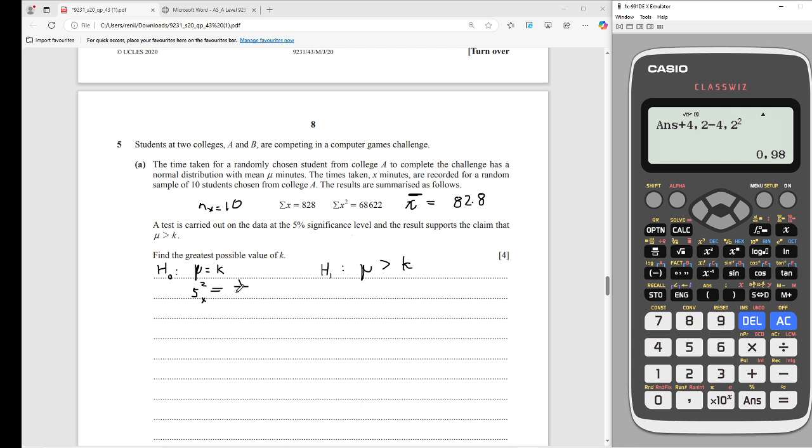We find S² of x is going to be 1 by n minus 1, multiplied by the sum of x squared minus the sum of x whole squared divided by the number of terms of x, and this will be equal to 1 by 9 times 68622 minus 828 the whole squared all divided by the number of terms 10, and this value is going to be 116 over 15.